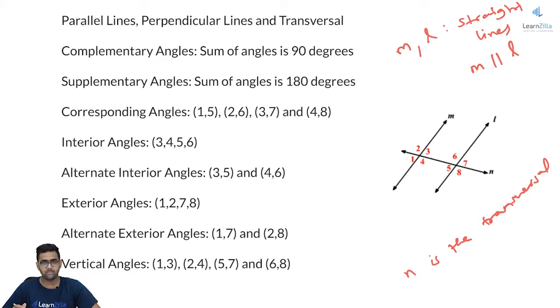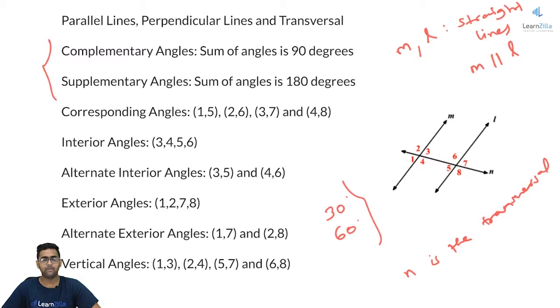Firstly, before we go to the angles, we'll try to understand the definition of what a complementary angle and what a supplementary angle is. Complementary angles are the ones where the sum of both the angles is equal to 90 degrees. For example, 30 degrees and 60 degrees is a set of angles which is called complementary.